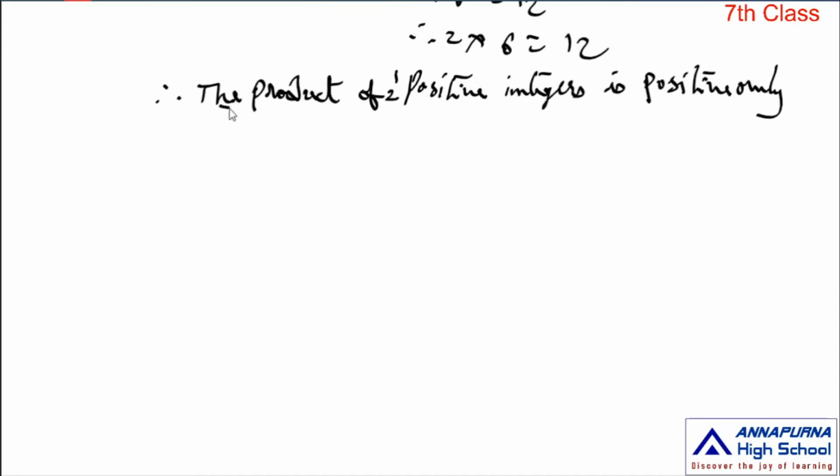So this is one rule. When two positive integers are multiplied, we get positive only. That means plus into plus gives plus. Now come to the next one.